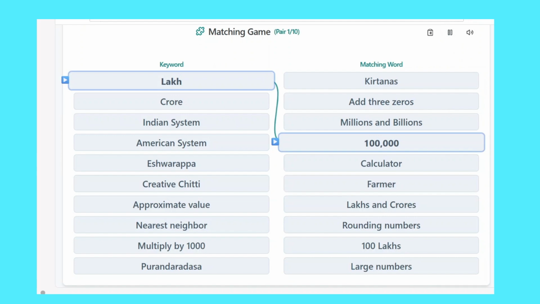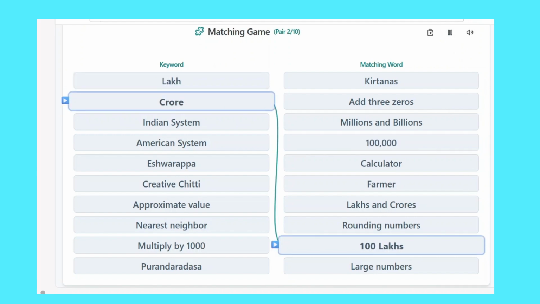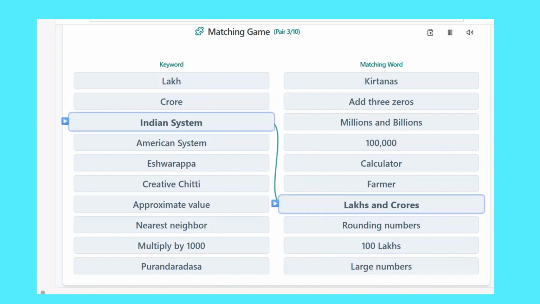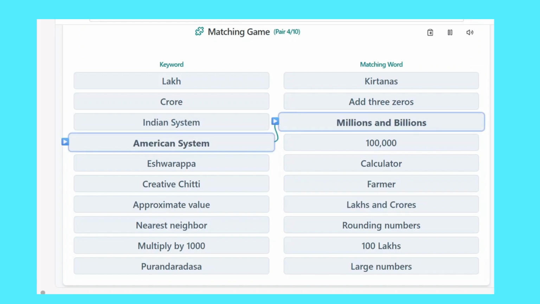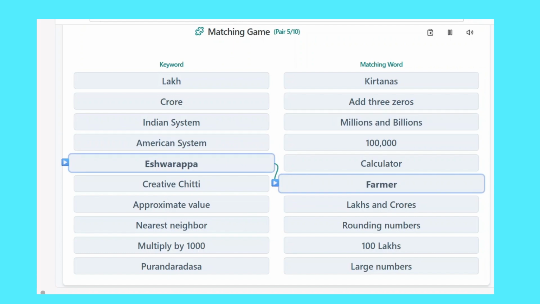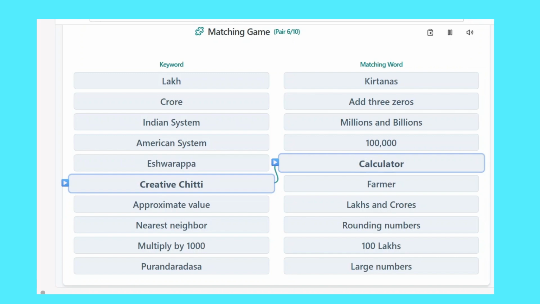100,000. Crore, 100 lakhs. Indian system: lakhs and crores. American system: millions and billions. Eshwarappa, farmer. Creative chitty.